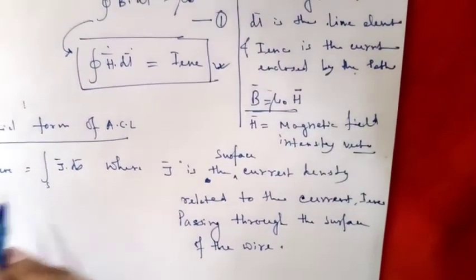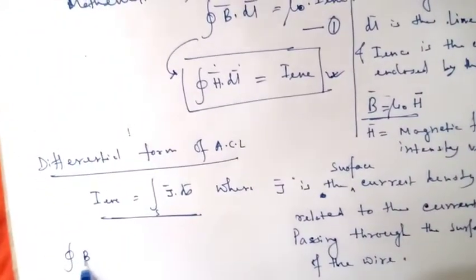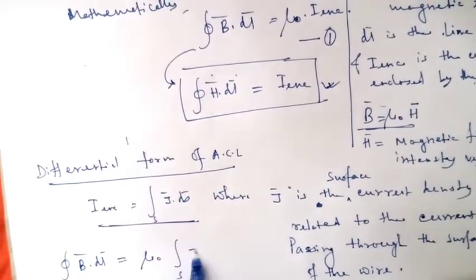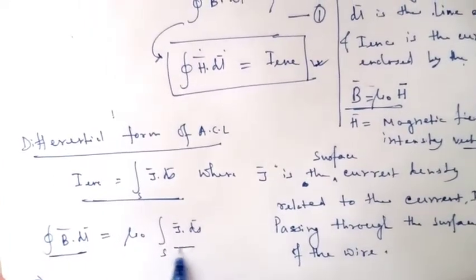If we use this expression, then we can write closed integral B dot dl equal to mu 0 times surface integral J dot ds. This is a line integral, this is a surface integral.